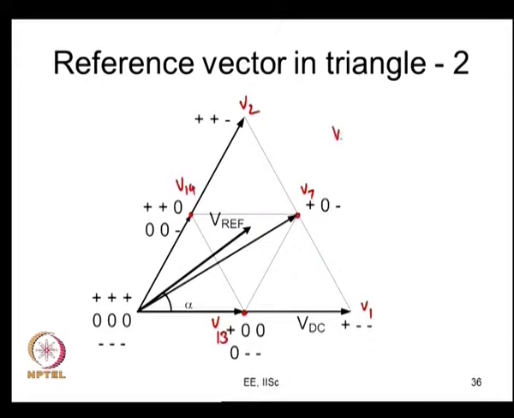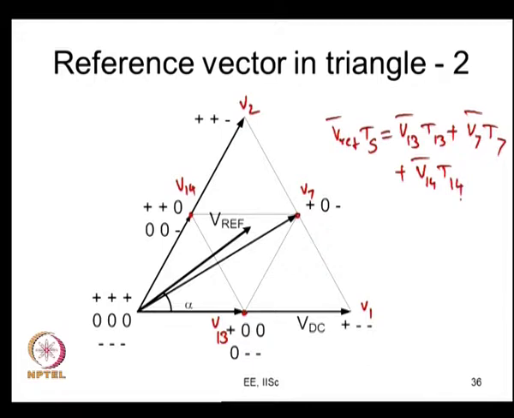Now, the V reference vector multiplied by Ts, which is the desired volt second, will be equal to V13 vector T13 plus V7 vector T7 plus V14 vector T14. Then you have T13 plus T7 plus T14 equal to Ts.